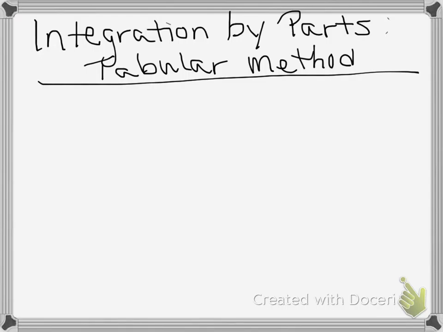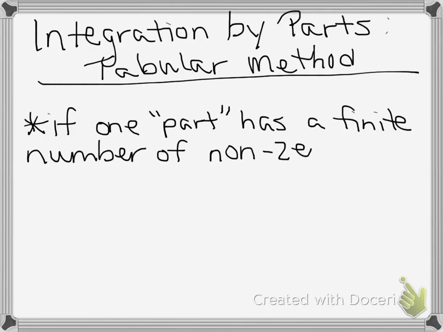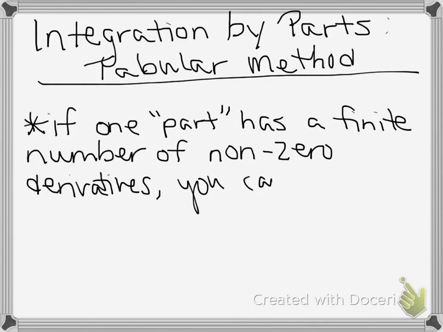So, there is one stipulation for the tabular method, and it's the idea that if one of your parts has a finite number of, and let's be more specific, non-zero derivatives, you can use the tabular method.